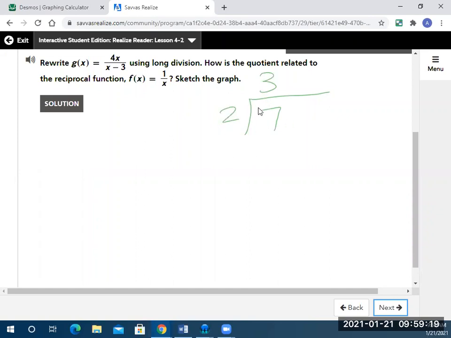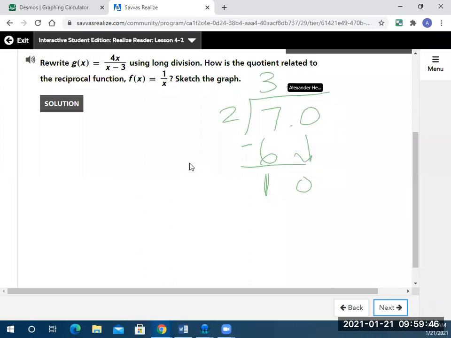Because the goal of long division is to eliminate what you have inside of the division symbol, and we use subtraction, right? So we're going to subtract what 2 times 3 is. So what's 2 times 3? 6, right? And what is 7 minus 6? 1, right?